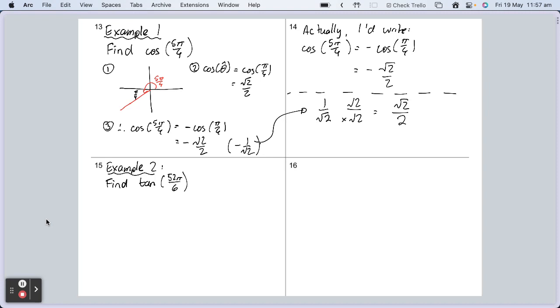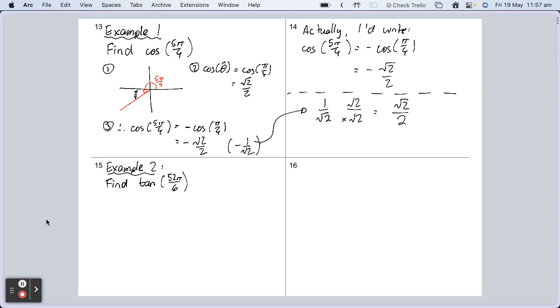But because I've got a value here which is over 6, it's a lot easier if we use our fraction brain to translate 2 pi into something on 6. With a 6 on the bottom, the equivalent value of 2 pi is what pi on 6? 12 pi on 6.